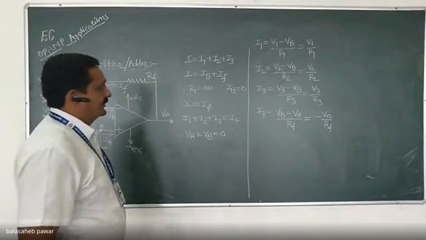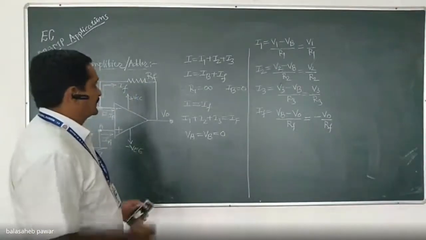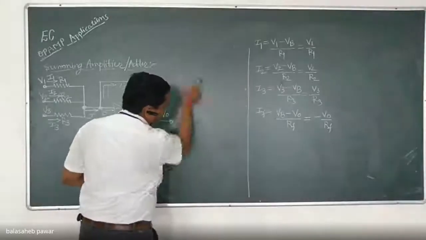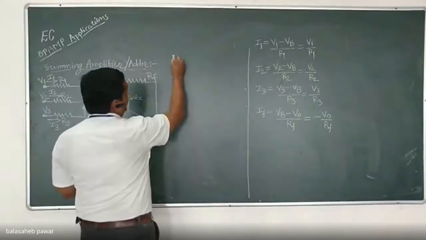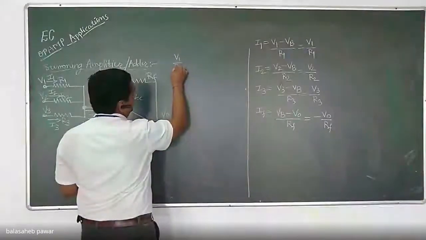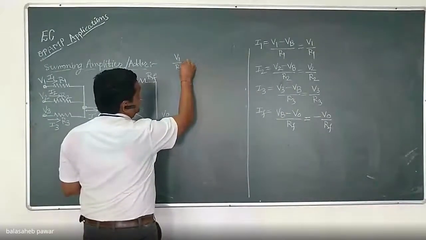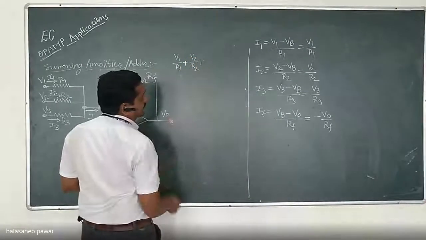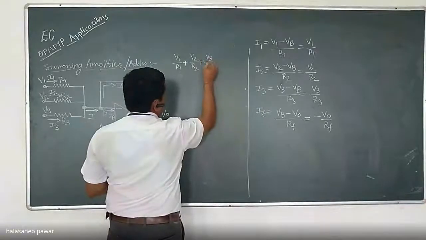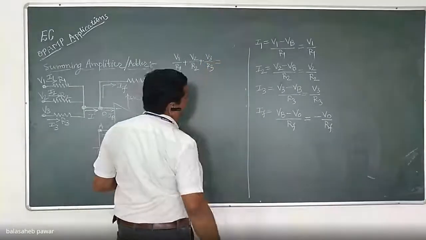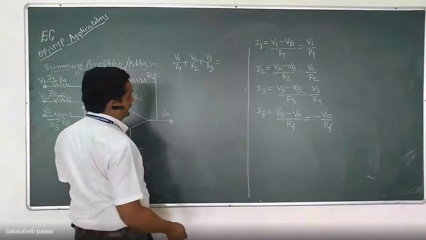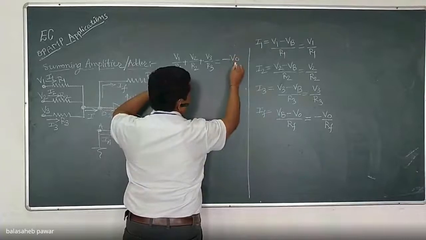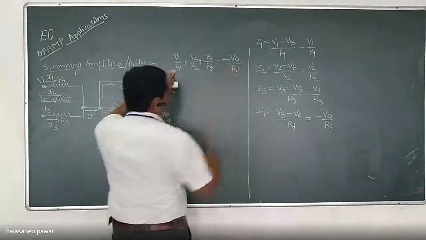Now we have to compare all these. So I will write it over here: V1 by R1 plus V2 by R2 plus V3 by R3 equals, that is I1 plus I2 plus I3 equals IF, that's why I wrote it like this, equals minus VO by RF. Correct?